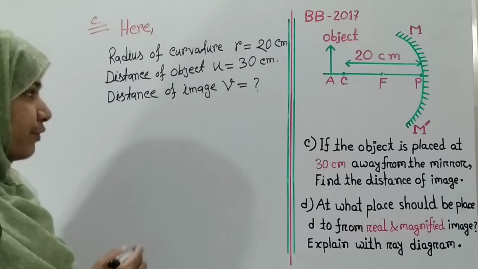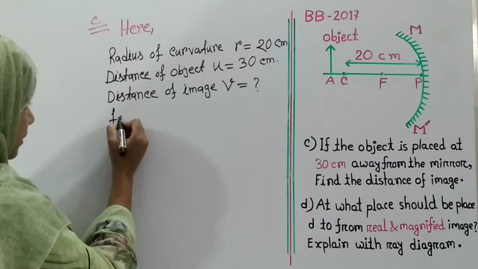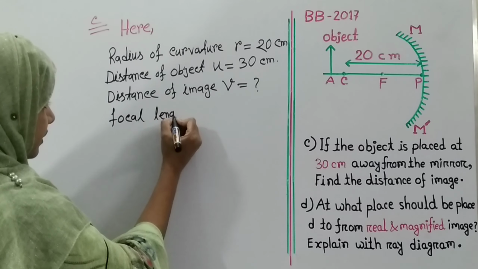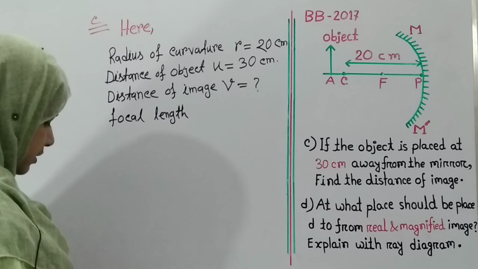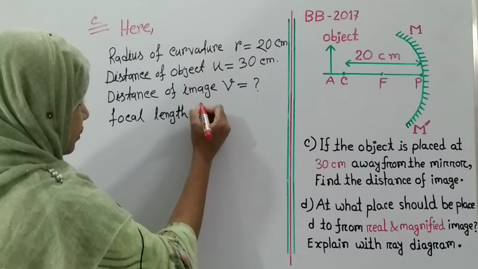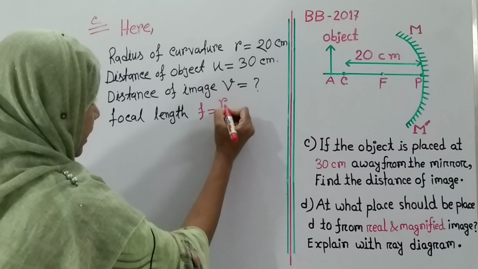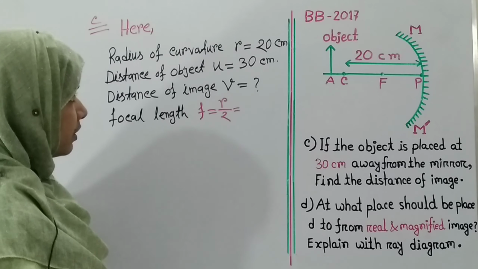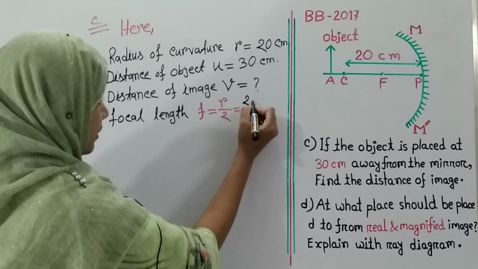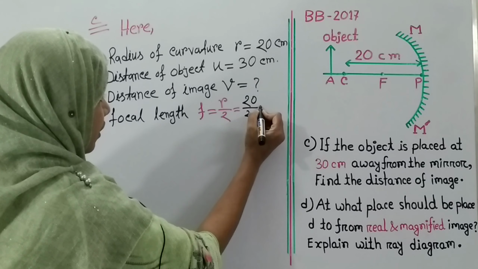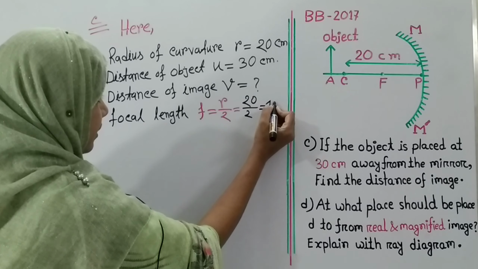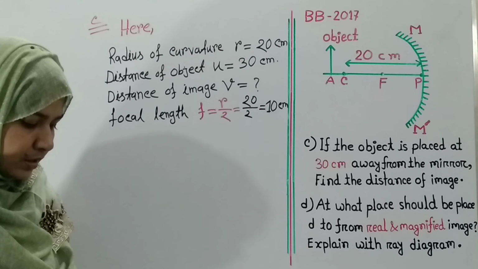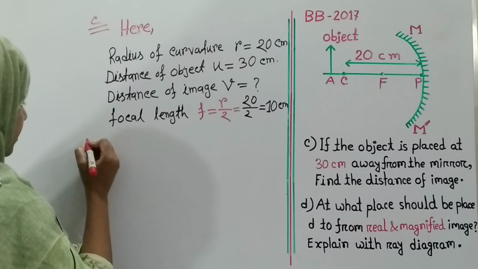So we can write that the focal length F equals R by 2, that means 20 by 2 or 10 centimeter.